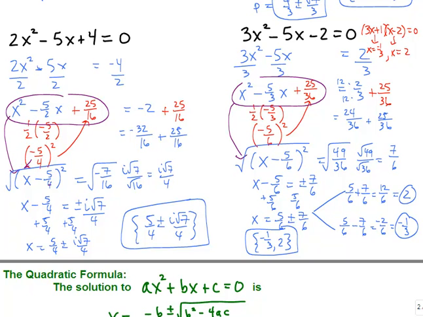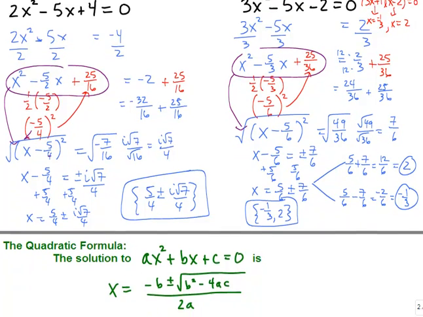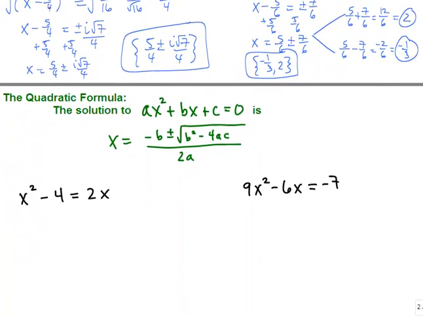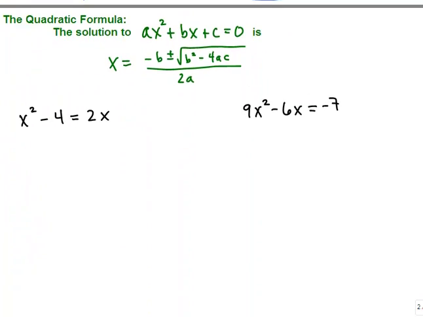Okay? So we've got factoring, we've got the square root property, we've got completing the square. Our last method for solving quadratics is something called the quadratic formula. And what the quadratic formula says is that if you have any quadratic set equal to 0, it must be set equal to 0, and it's of the form ax squared plus bx plus c, then your solutions for x are going to be given by this formula.